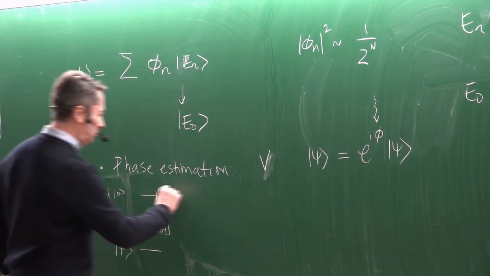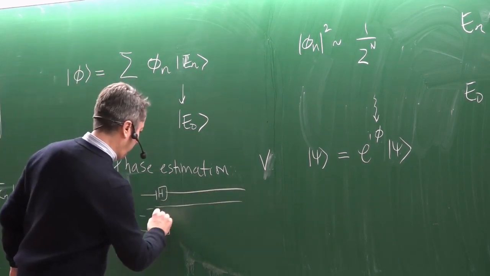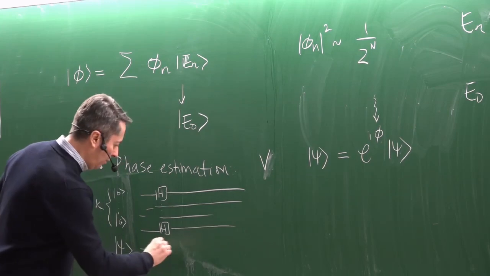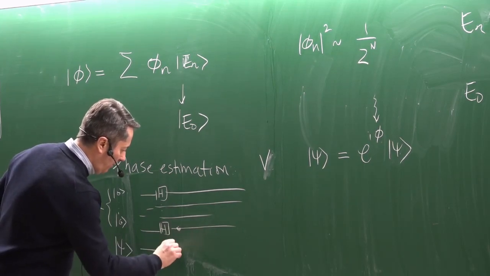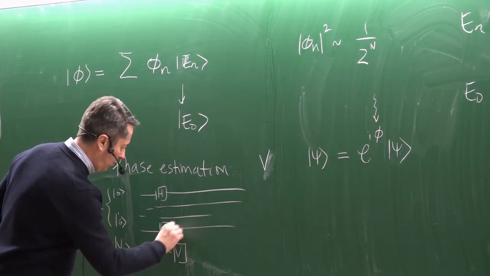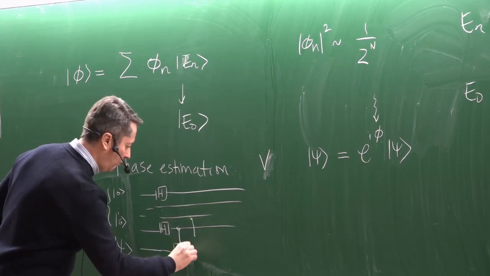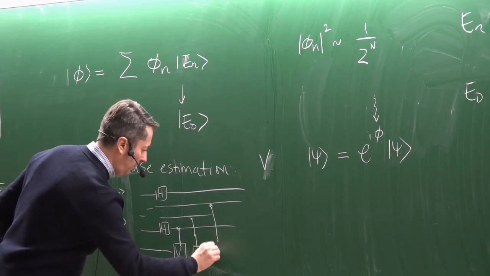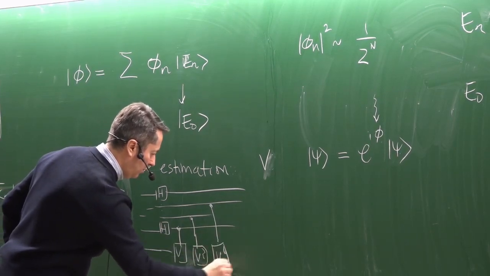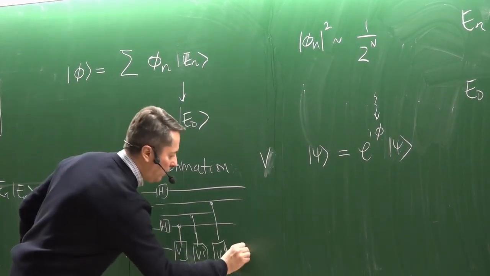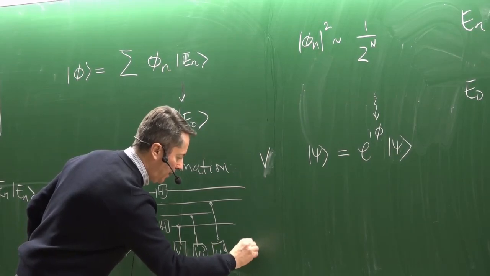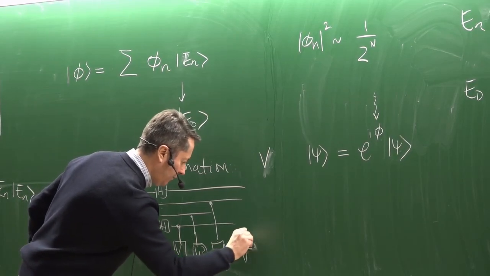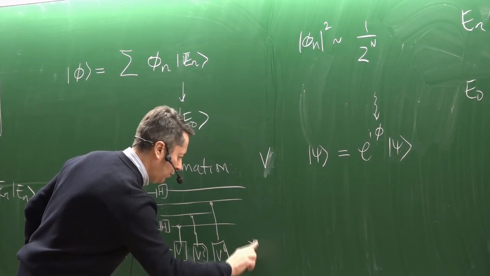And now you start performing controlled V, then controlled V squared, controlled V to the 4, and so on. So it's always controlled V to the power 2 to the m, up to k.